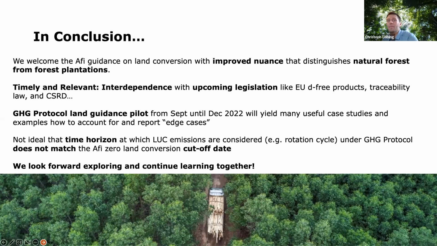It also comes very timely and relevant because, as I was mentioning in the beginning, there is very much upcoming legislation on the horizon that is demanding from companies much better reporting, much better traceability systems, and ability to comply with these kinds of guidances that will be then also legally required. So it's really well connecting, I think, that these guidances are coming out now.